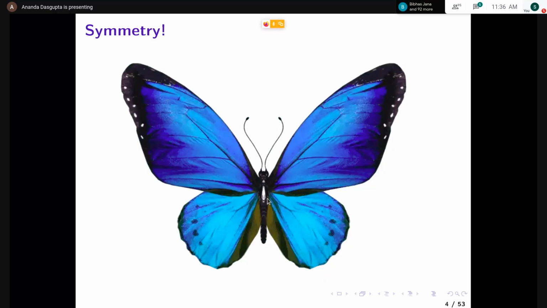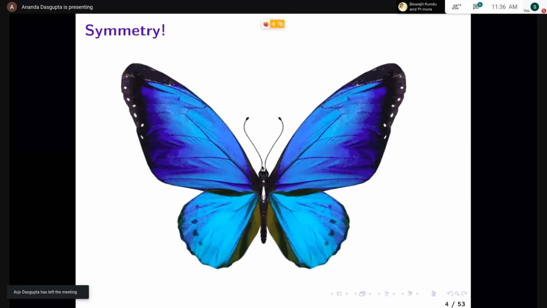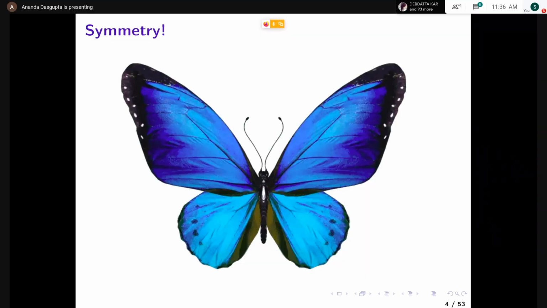Or you could even think of a plane which is normal to the page right now, and along this middle line, if you reflected one half of the butterfly in that plane as if the plane were a mirror, the other half would emerge out of that. So if you were to look at the butterfly before and after the reflection, you should not be able to tell the difference.